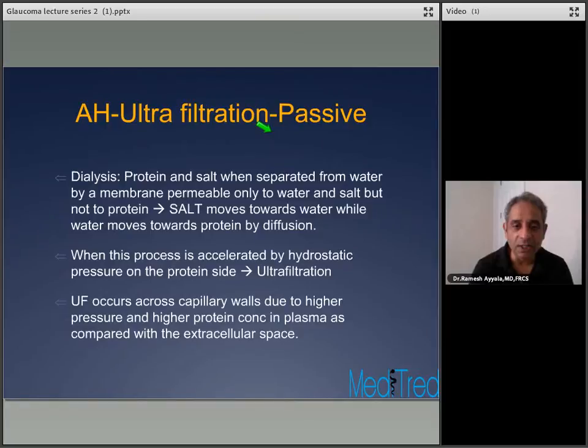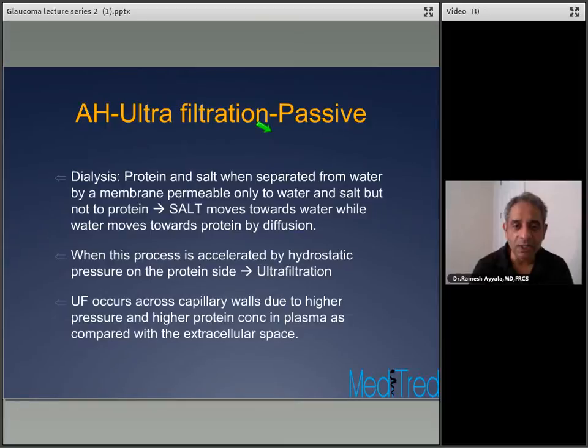You put the protein plus salt, and you have a membrane across, and you have water here.